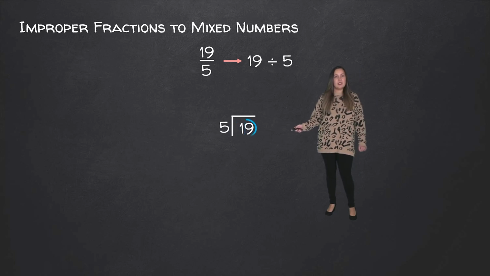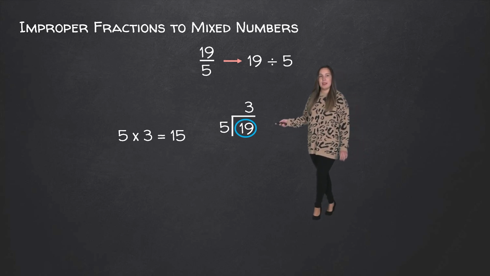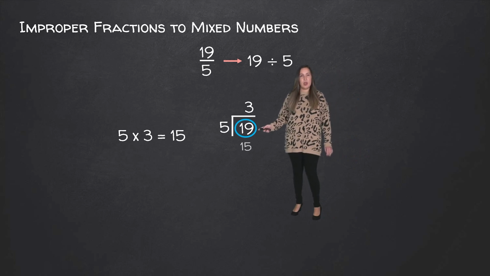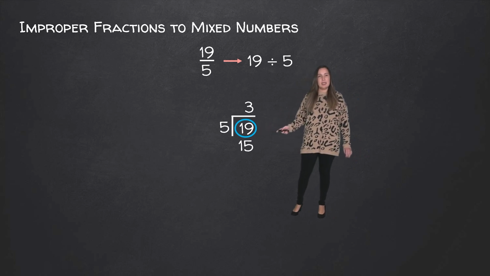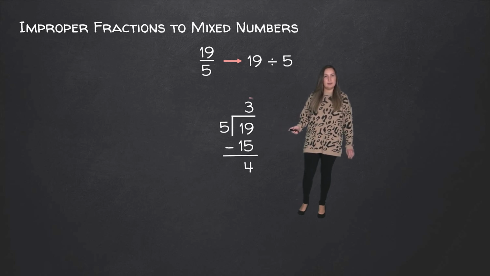So then we ask ourselves, how many times does 5 go into 19? Well, 5 goes into 19 3 times, and that's because 5 times 3 is equal to 15. And that's as close as we could get without passing the 19. So we're going to take this and subtract. And so 19 minus 15 is equal to 4.